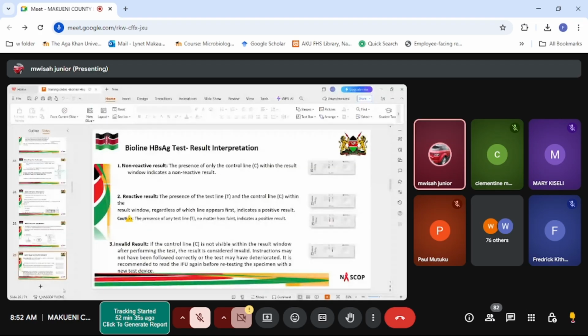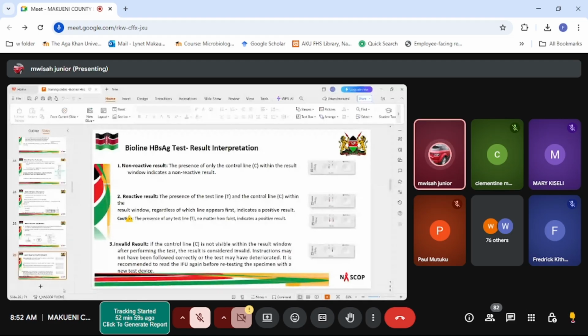Test result interpretation. Non-reactive result: presence of only the control line within the result window indicates a non-reactive result. A reactive result is the presence of the test line at T and control line at C within the result window, regardless of which line appears first, and indicates a positive result.